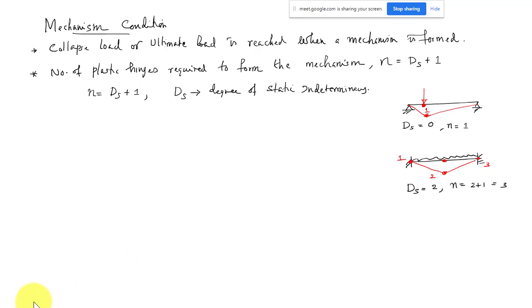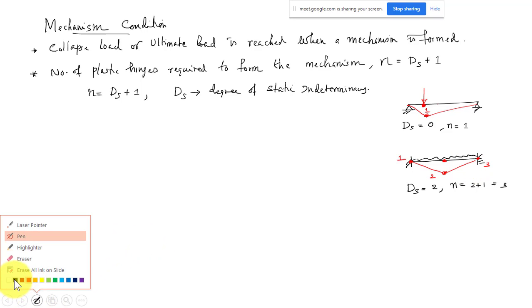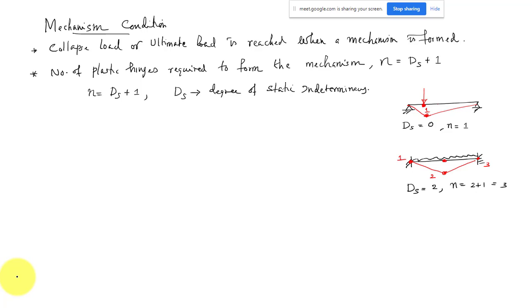This is actually what is happening when your structure is in the plastic zone. Okay, so it is all applicable. Suppose you have a multi-storey building frame, the static indeterminacy will be huge, very high, because it is highly indeterminate.